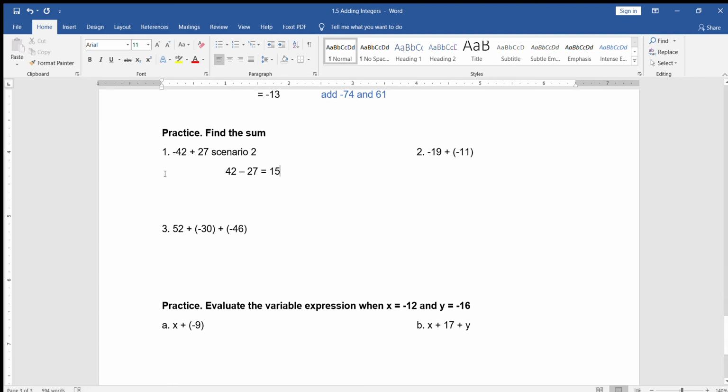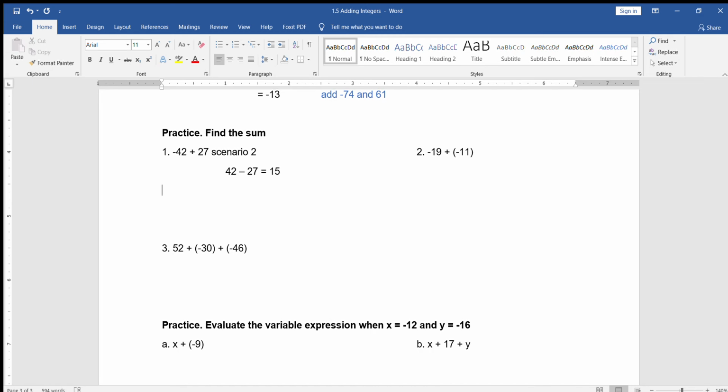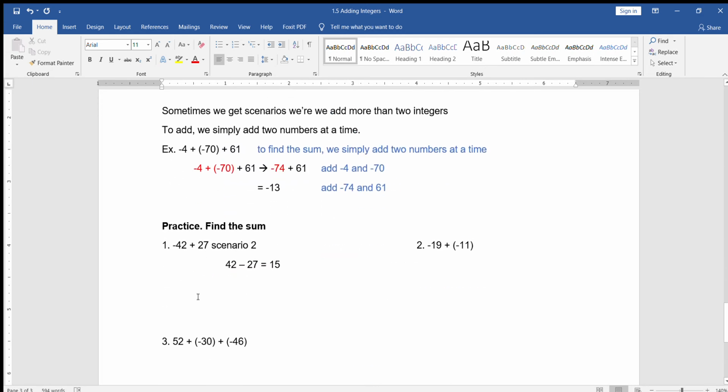And since 42 is larger than 27, our answer is negative 15. Again, I'm not going to write the steps by steps. Hopefully you guys write that on your own. We're just going to try doing the practice together to get the answers.